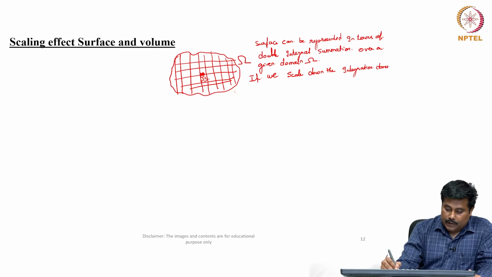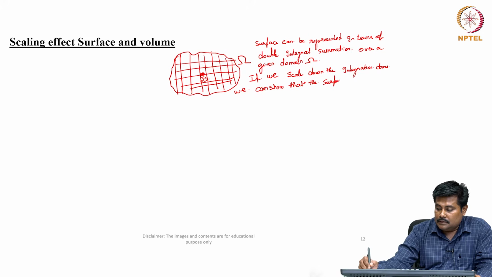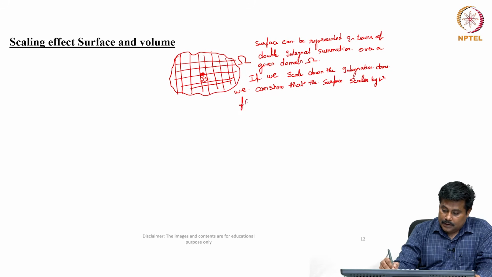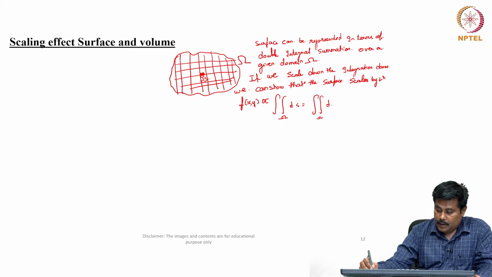we can show that the surface scales by L squared, that is, f of x, y is directly proportional to the integral over omega of ds, which is equal to the integral dx dy.